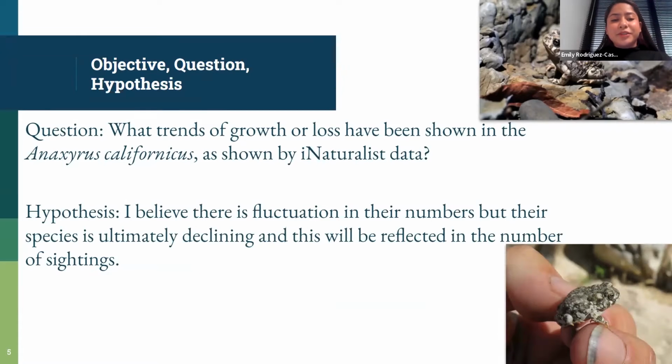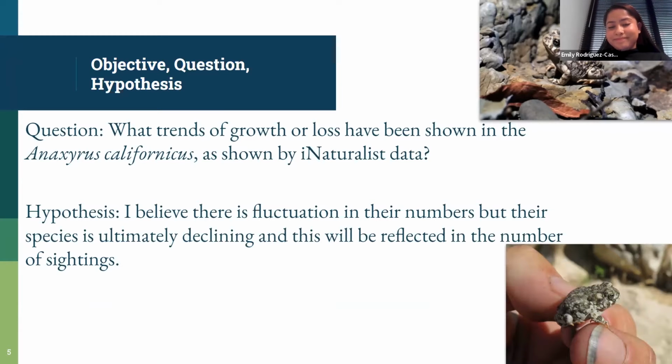So my question was, what trends of growth or loss have been shown in the Anaxyrus californicus as shown by iNaturalist? And I personally thought coming into this that because there are decreasing numbers as the years go by, you would also see decreasing observations within the community.